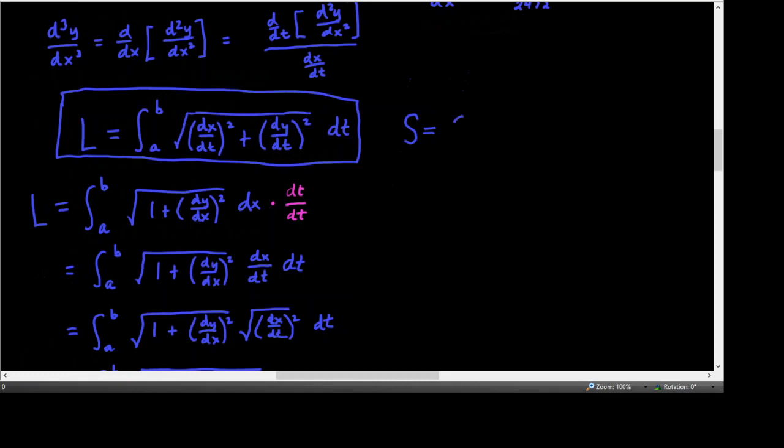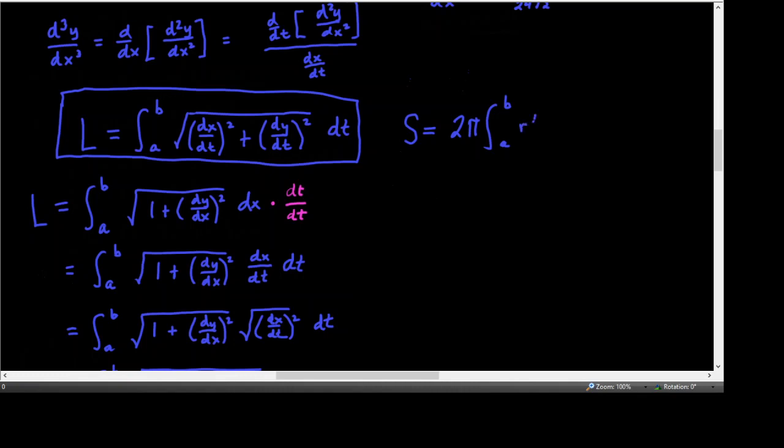So the surface area formula is going to be 2 pi times the integral from A to B multiplied by the radius.